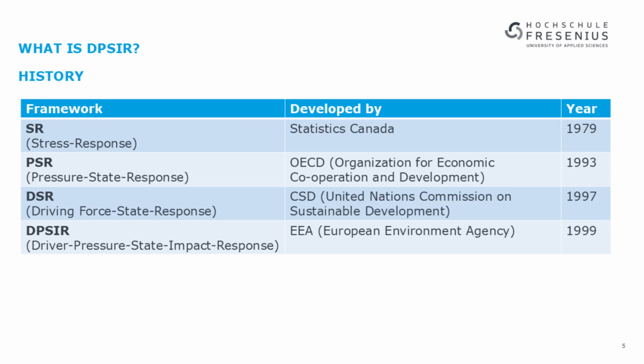So in 1997, the driving force state response framework was established. In this framework, the pressures are replaced by driving force. This includes social, political, economic, demographic, and natural pressures on the system. But it somewhat ignores reasons for those pressures. So the European Environment Agency developed the DPSIR framework as we know it. Drivers and pressures were separated, and it also introduced impact as motivation for the responses.